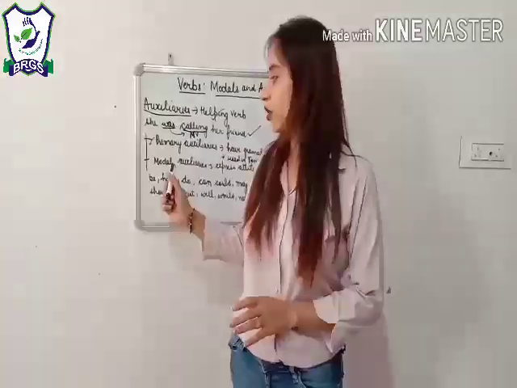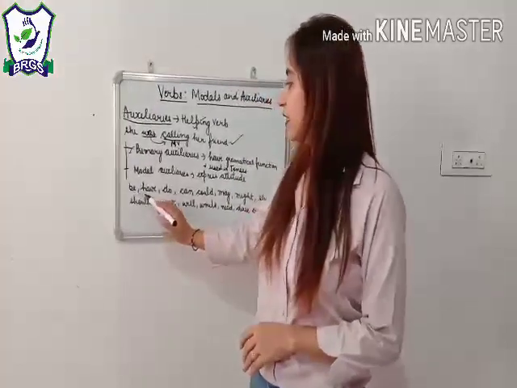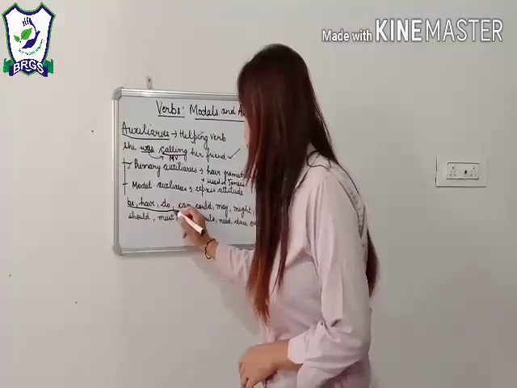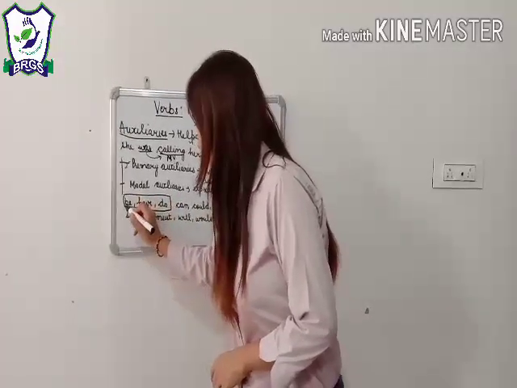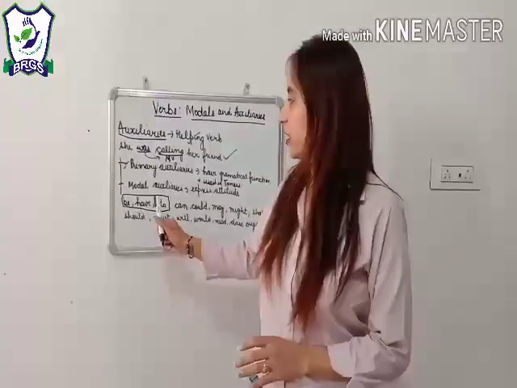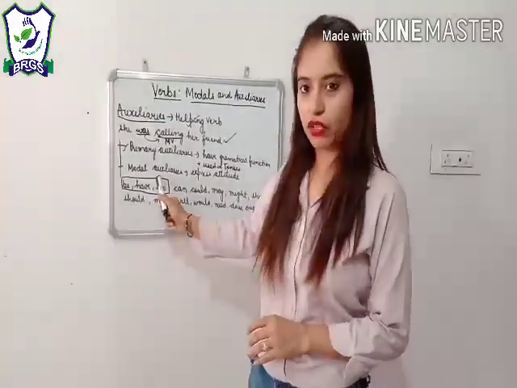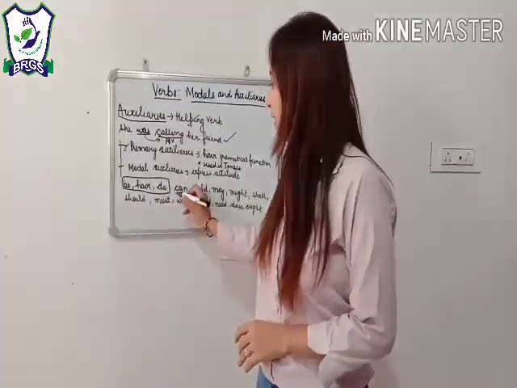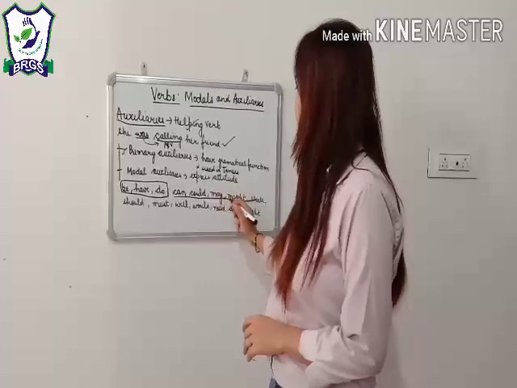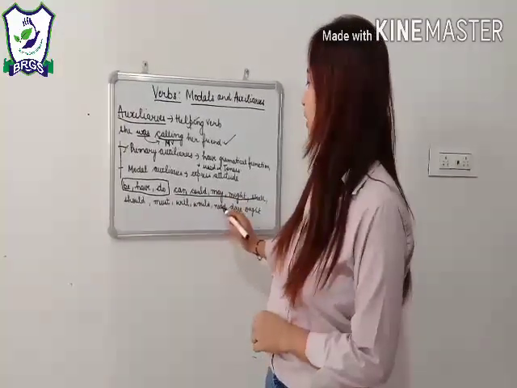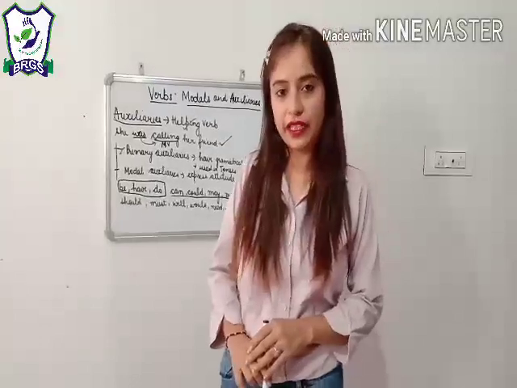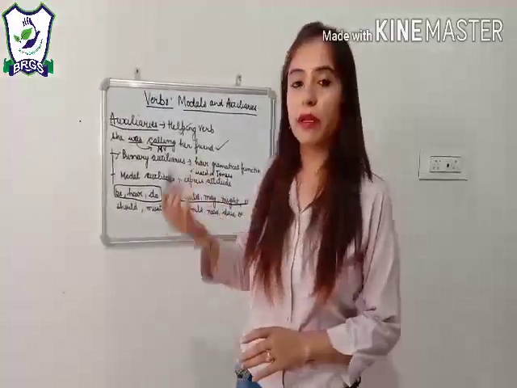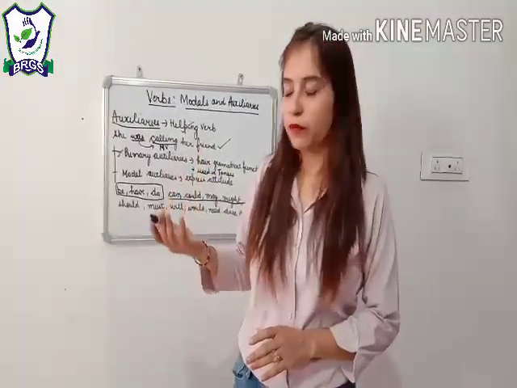Let us have a look at all the auxiliaries, then we will differentiate between primary and modal auxiliaries. Here I have written a list of the auxiliaries. Be, have and do: these three are the primary auxiliaries. And the rest, can, could, may, might, shall, should, must, will, would, need, dare, ought, show our attitude, like when we have to take permission or express a possibility.